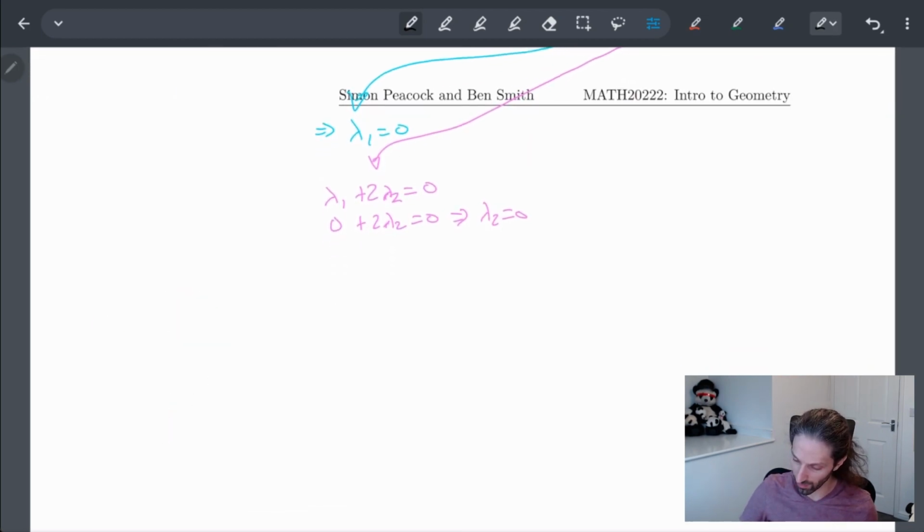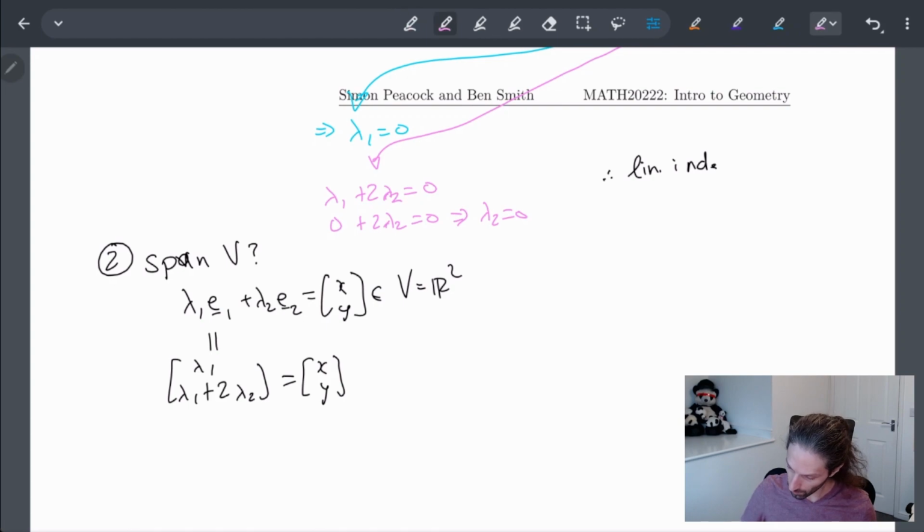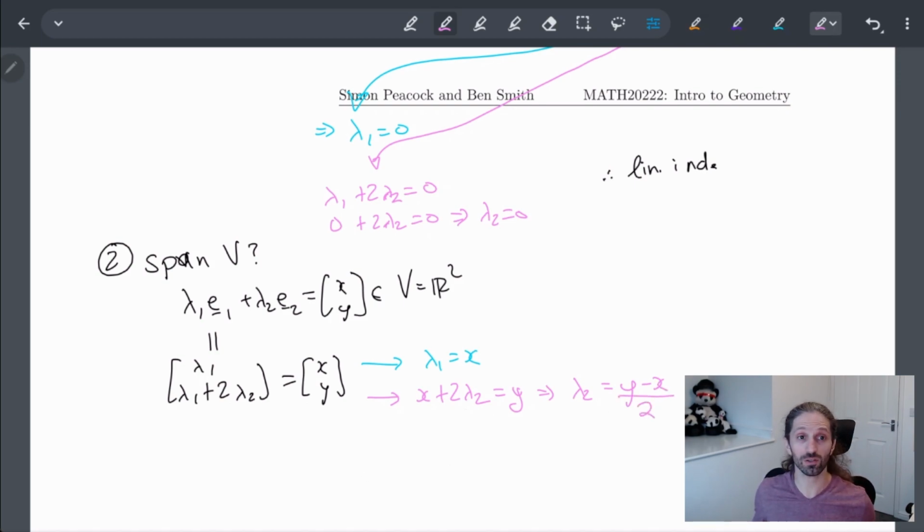Lambda 1 has to equal x. And just like before, x plus 2 lambda 2 is equal to y, which implies that lambda 2 is equal to (y minus x) divided by 2. So with these coordinates, I'm able to find lambdas that give everything nicely, and we're happy.